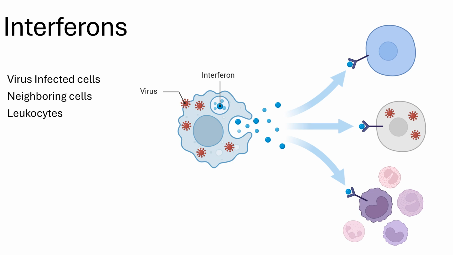Beta interferons, secreted by fibrocytes and connective tissue cells, they regulate inflammation and they stop inflammation and start the repair process, particularly in autoimmune conditions rather than infections.